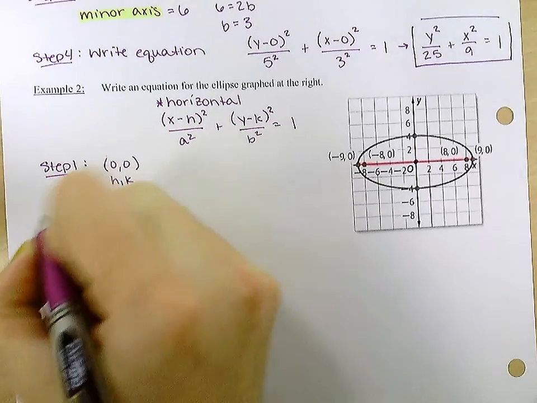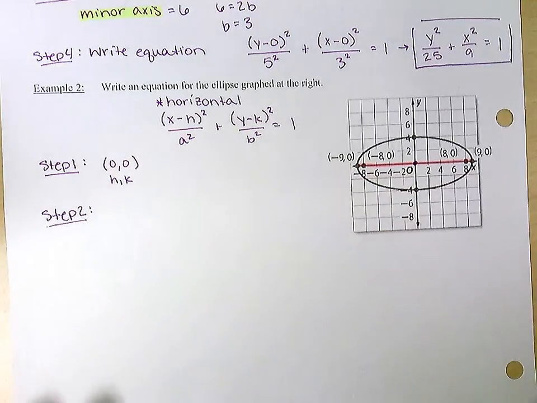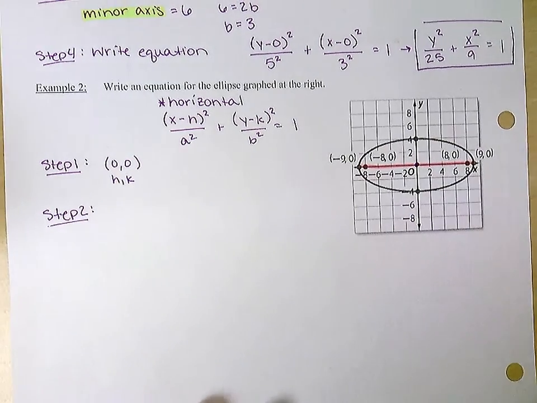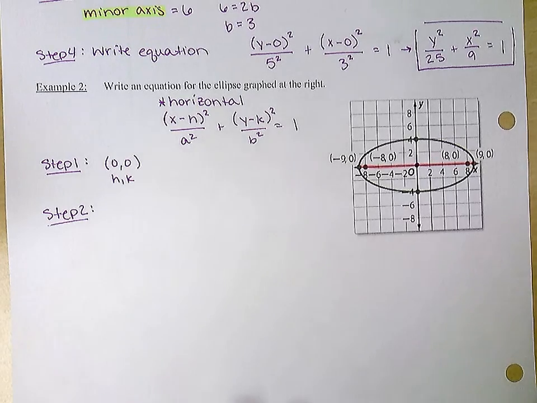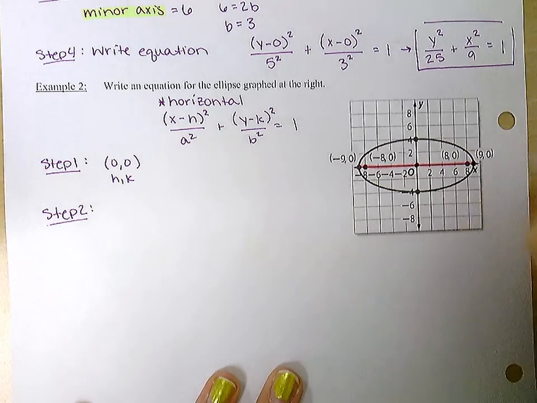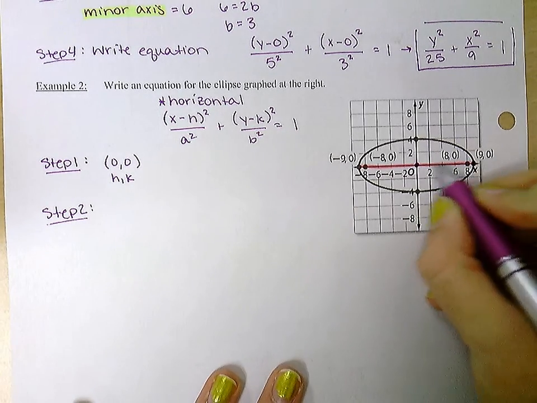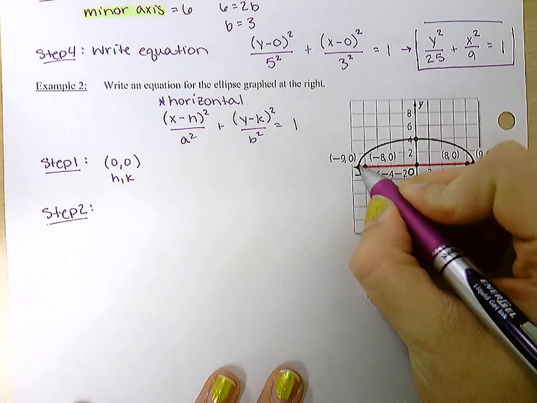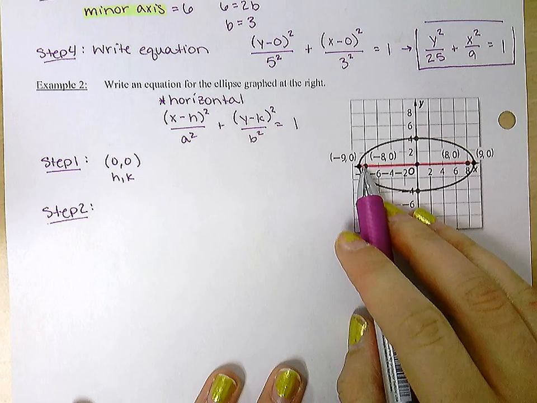Next step is to find A. So to find A, we need to use this major axis. So we need to see how long that major axis is. Well, if I'm going from 0, 0 to 9, 0, this length here is 9, right? And then going to -9 to that other vertex, that length is 9.